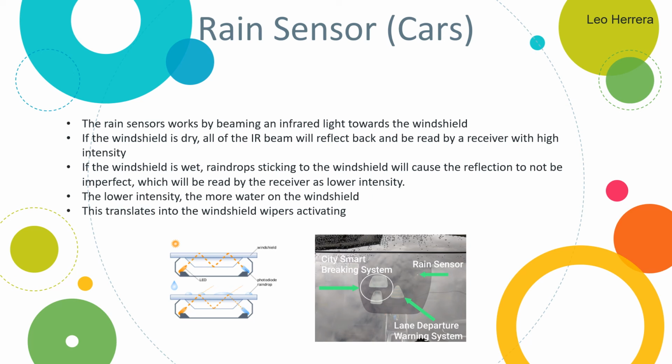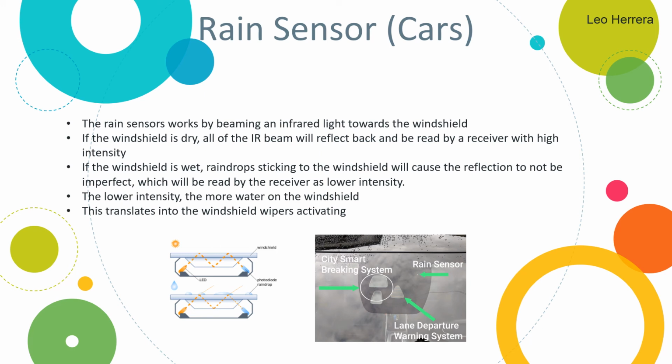Now, if there are raindrops on there, when the light shoots out from the IR or the LED, these raindrops will change the index of refraction, meaning it's going to bounce differently than if it was dry. And because the receiver does not account for this, it will receive less intensity when coming back.